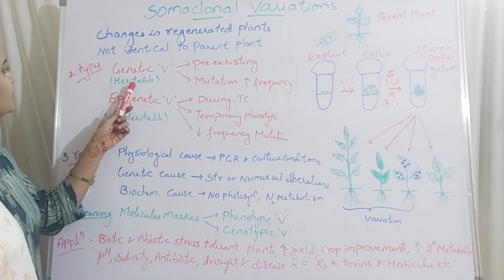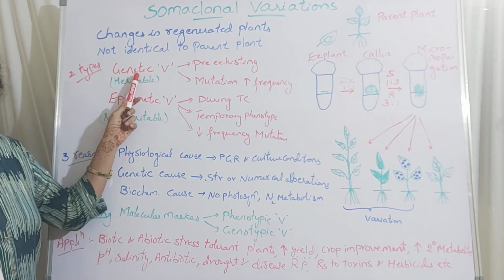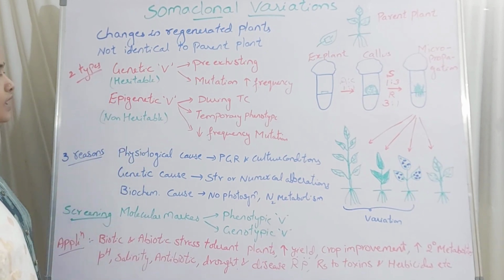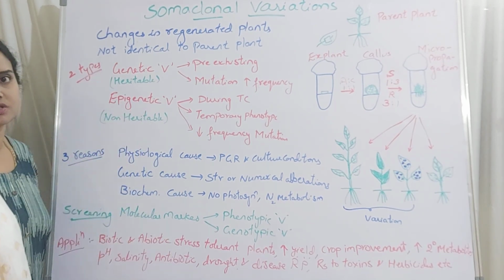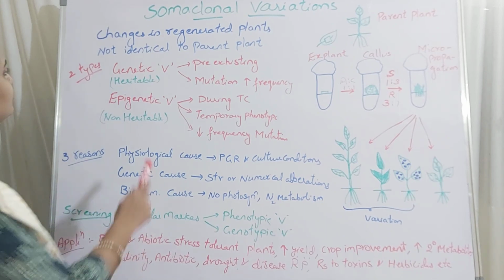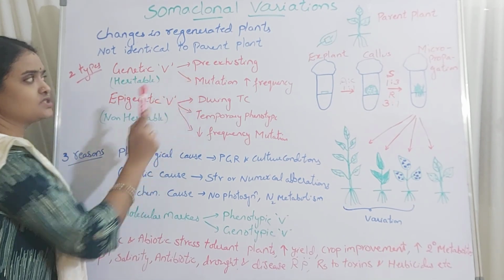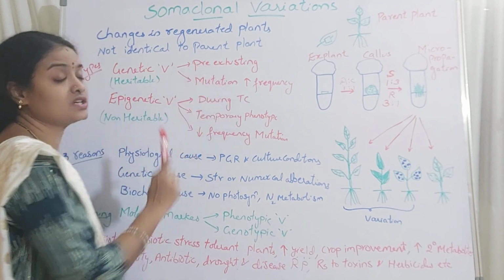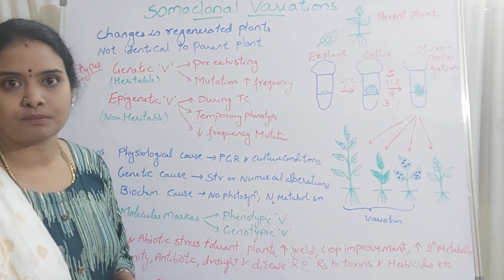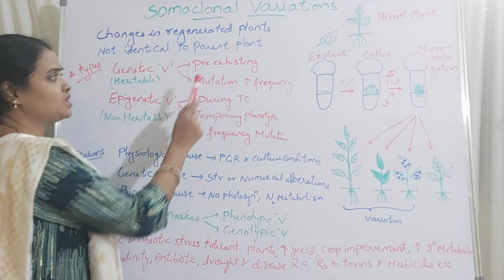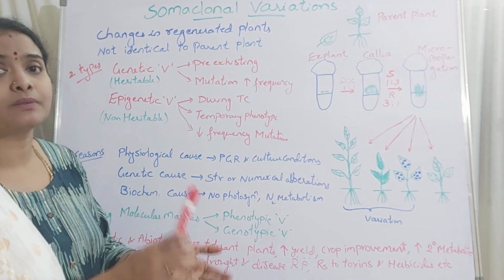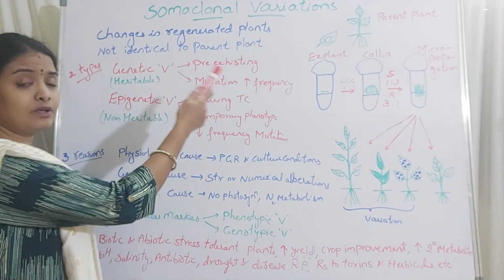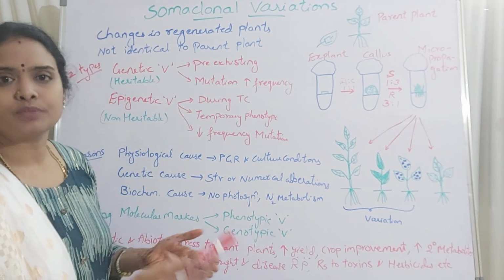So based on that, the two types of somaclonal variations are heritable variations and non-heritable variations. The heritable variations are referred to as genetic variations and non-heritable variations are referred to as epigenetic variations. Again, the genetic variations are classified into two types. You can see pre-existing changes in the somatic cell. If there is a pre-existing change in the somatic cell, that will be inherited by the progeny, right?